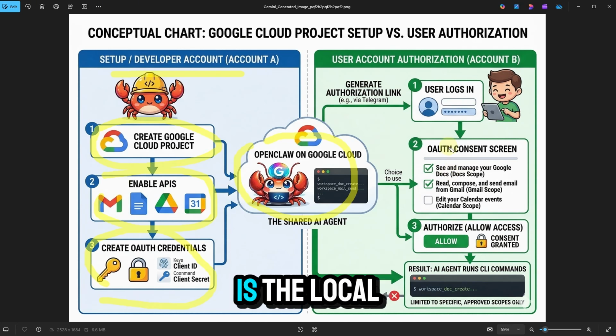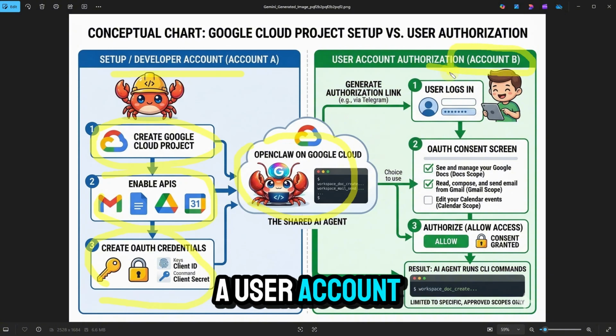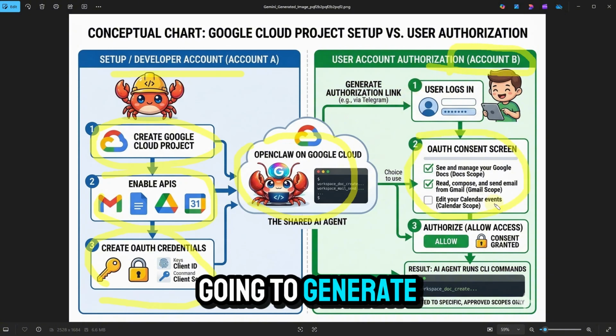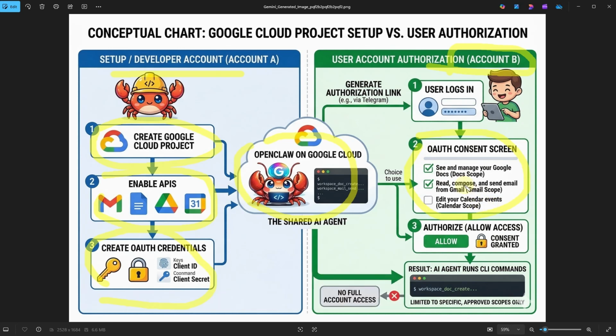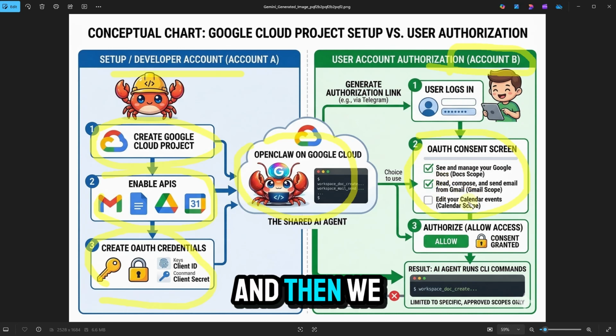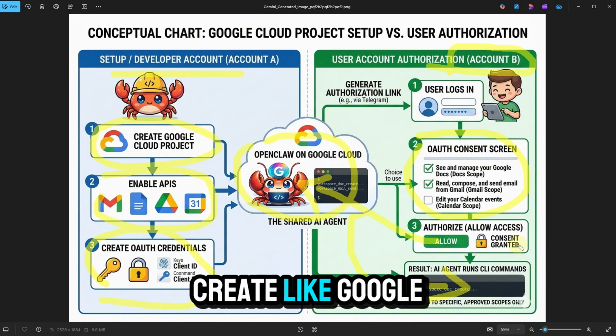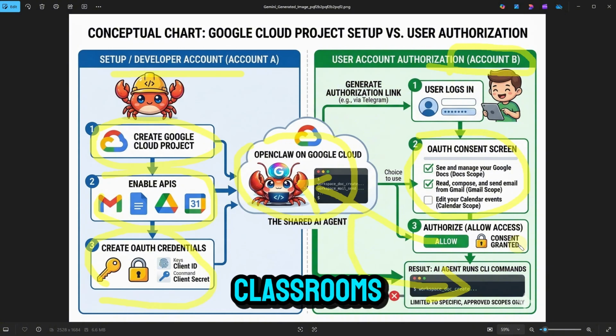And step 2 is the local authorization. This is where our second account, a user account, comes in. We're going to generate our user token JSON file, which is the file that contains the actual permission. Then we are going to pass that permission to our AI agent, and then the AI agent will be able to access the user's data and also create things like a Google Doc or generate classrooms.